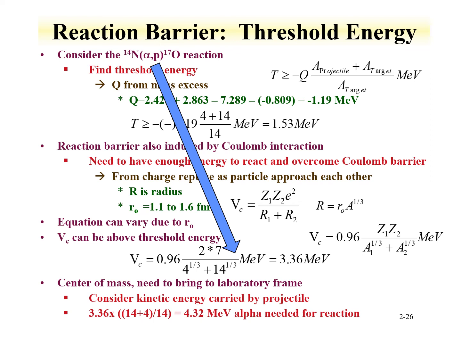This is a center of mass equation, and we need to convert this into the laboratory frame, so we multiply the terms by the ratio of the projectile plus target divided by the target, and we see that what's needed in the laboratory is an alpha particle with an energy of about 4.3 MeV for this reaction to occur, which is what Rutherford was able to see.